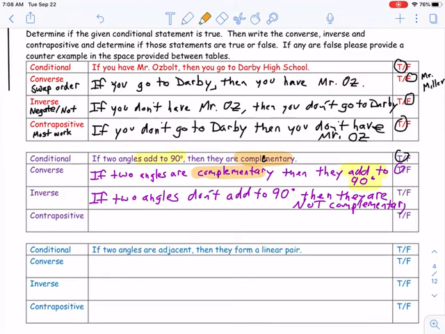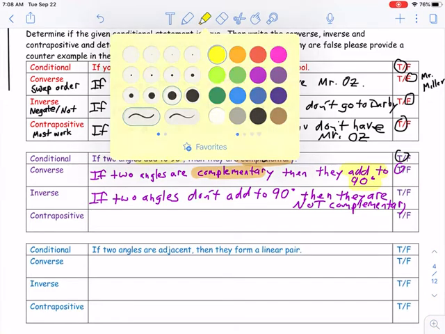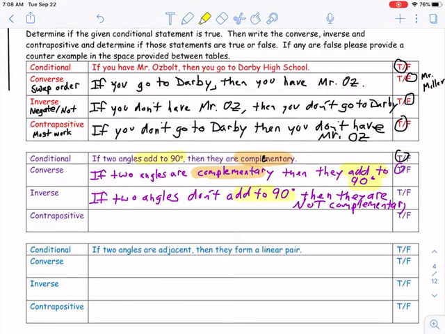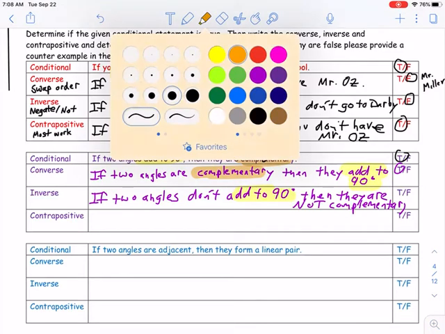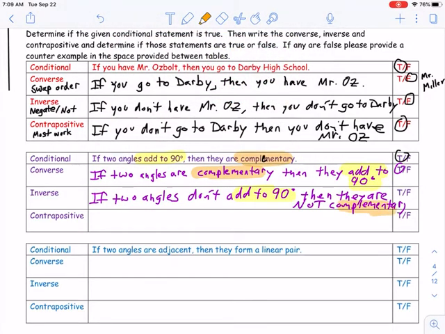Alright, so same order. 90 degrees was in the front, complementary was in the back. However, I put the nots or don'ts, whatever you want to call it. However, is this true or false? If two angles don't add to 90 degrees, that means they add to something else. So that means that they're not complementary. We'd call them something else. So that's also true. Interesting.